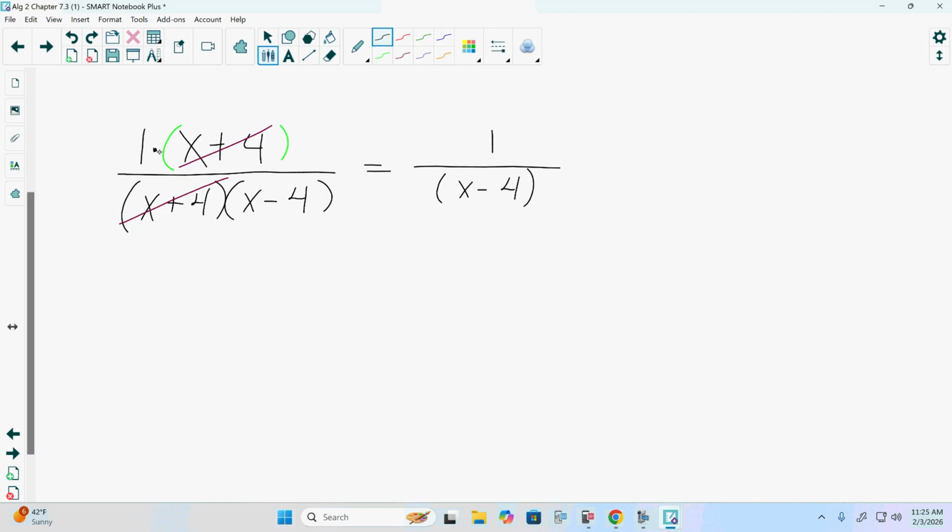The other would be 1 over x minus 4. Whenever we divide something or simplify something out on top and bottom, it reduces to 1. It will never reduce to 0. When we're simplifying on top and bottom, it's going to reduce to 1. Telling us that we have 1 over x minus 4.